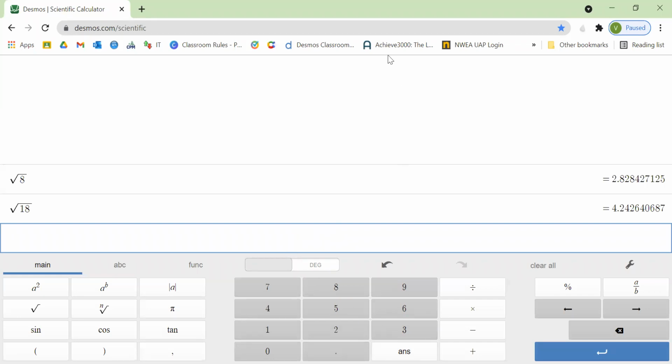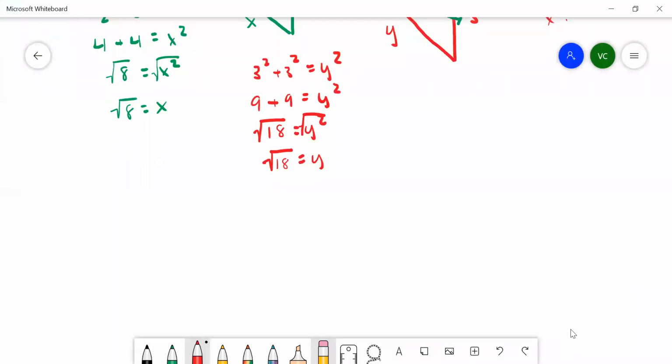So let's go back to our whiteboard and check that out. So I'm going to say 2.828 is equal to x, and 4.243 is equal to y.